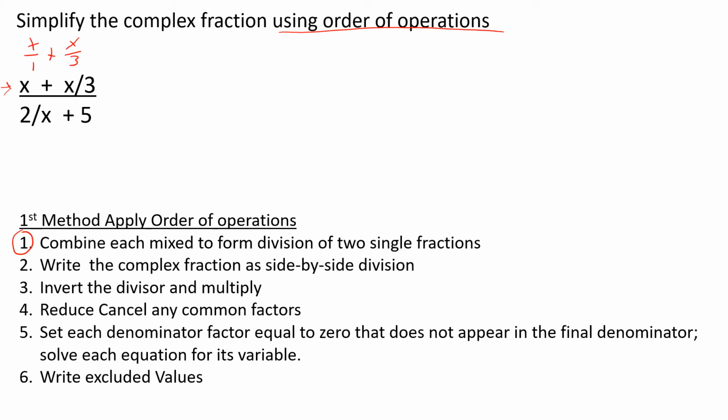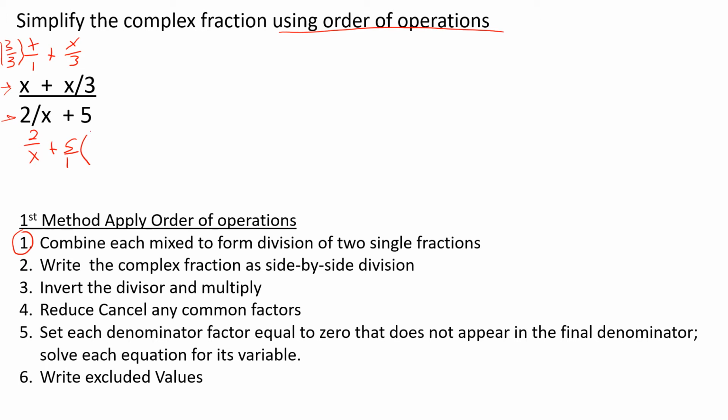To get a common denominator, I'm going to have to multiply this by 3 over 3. Then looking at the denominator, we have the fraction 2 divided by x plus 5. So think of this as 2 divided by x plus 5 over 1.